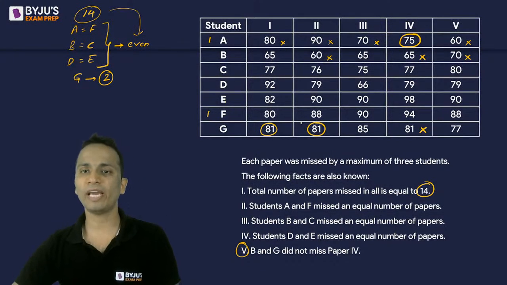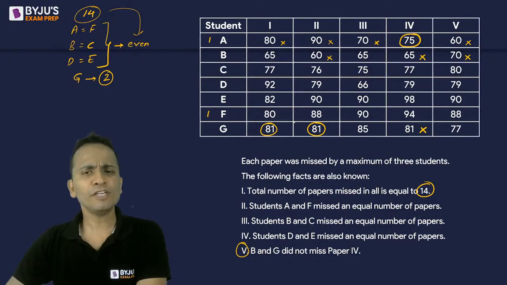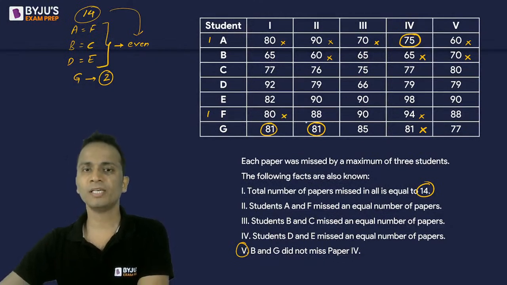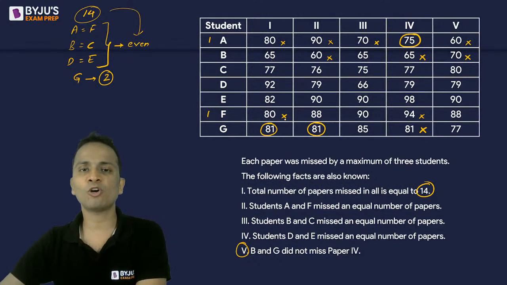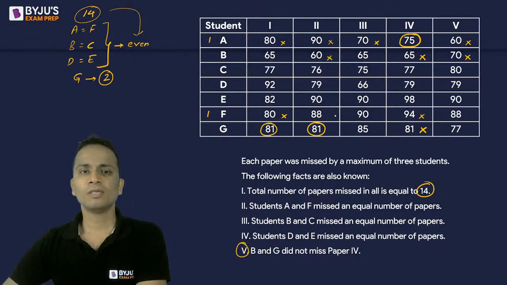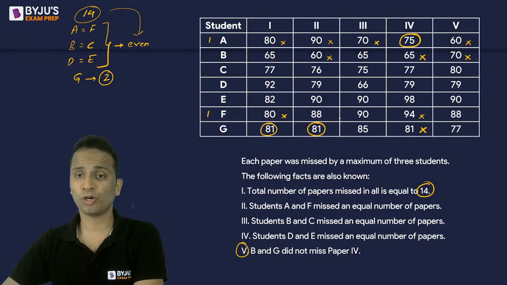Now let's talk about F. Now, which papers F cannot miss? I'll remove the highest and the lowest. Okay, so F cannot miss paper number 1 and paper number 4. Now F has missed only one paper. This is for sure.